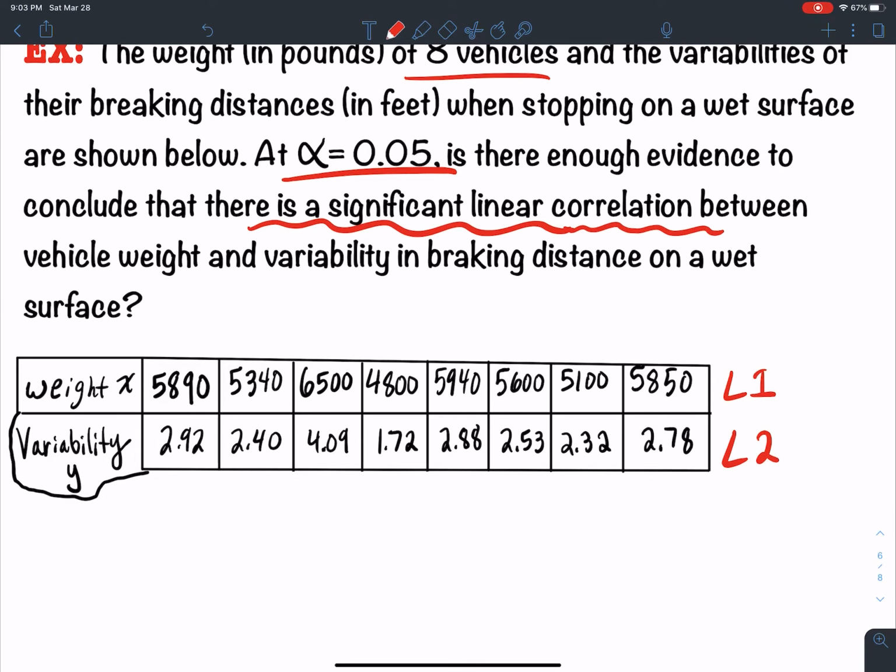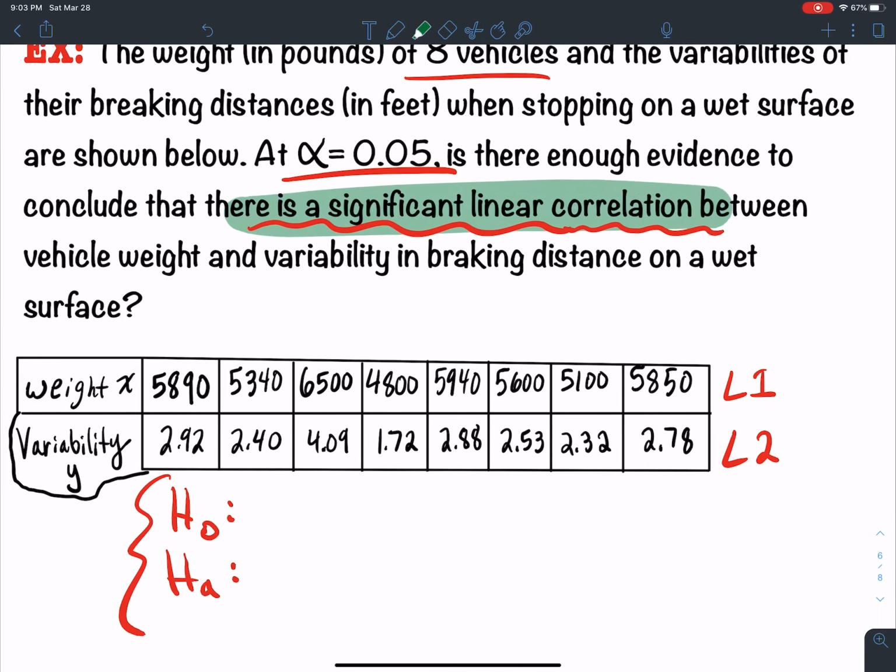So here's my hypothesis test, the H0 and the Ha. I'm testing to see, is there significant linear correlation? That means that my correlation is not equal to 0. So significant linear correlation is not equal to 0.